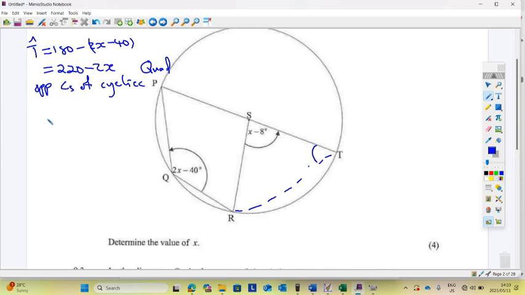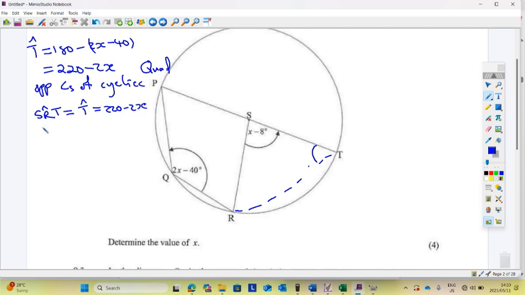We know that when we add interior angles of a triangle, we get 180. Before we do that, we should declare that this angle here, SRT, is equal to T there, and that is equal to 220 minus 2x.